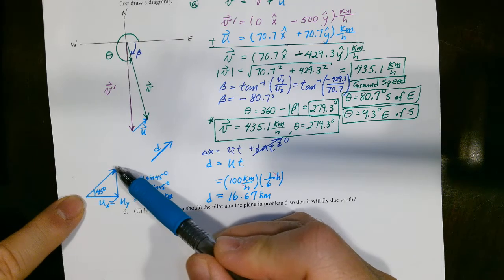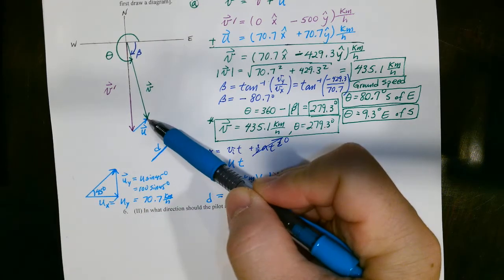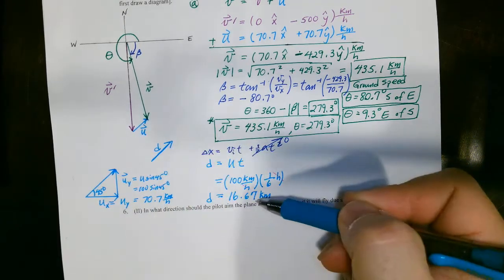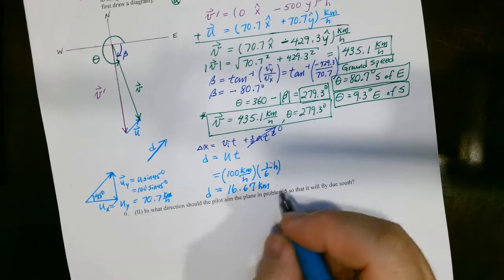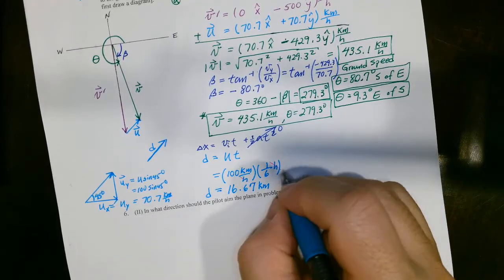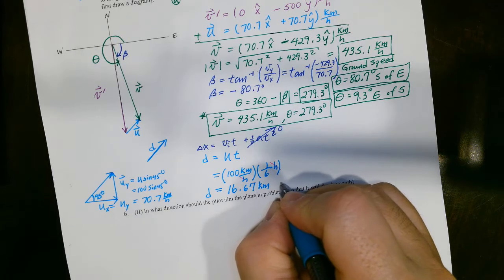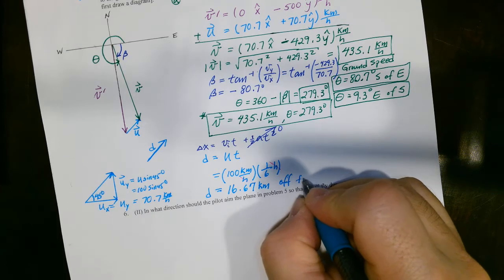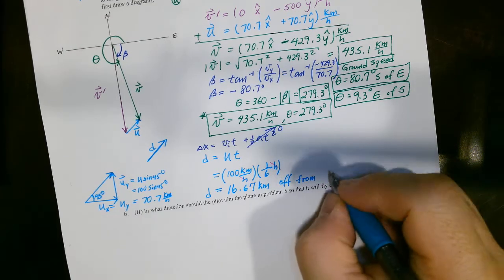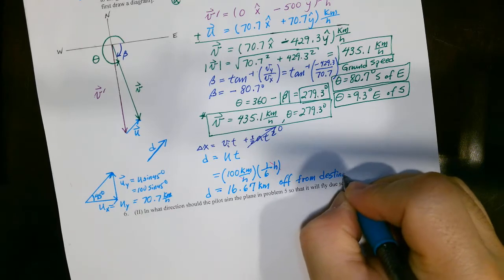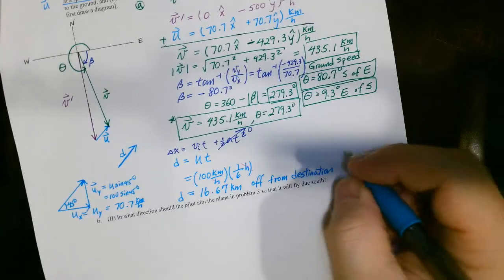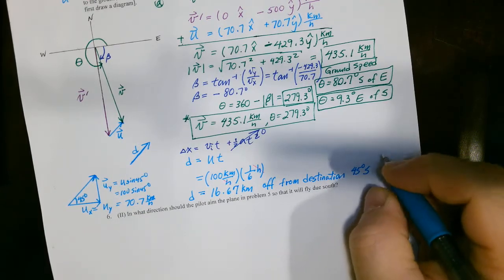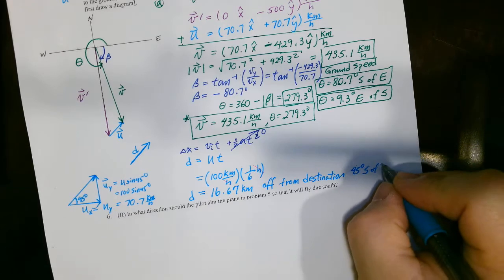It's southeast from where it should be. So it's 16.67 kilometers off from the destination, 45 degrees south of east.